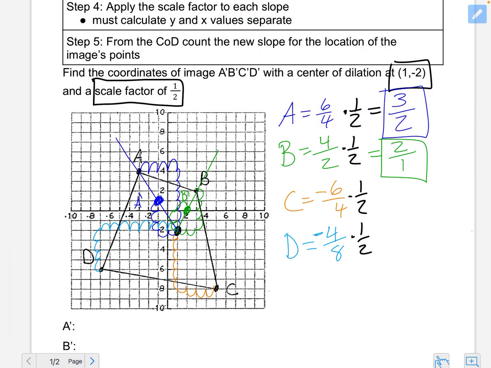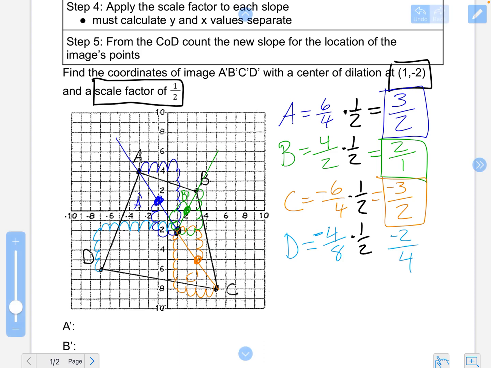1/2 of -6 is -3. 1/2 of 4 is 2. So for C, we're going to go over 2, down 1, 2, 3. That should be C prime. Again, I should be able to draw a straight line and it goes through all 3 points. And then D: -4 divided by 2 is -2, and 8 divided by 2 is 4.